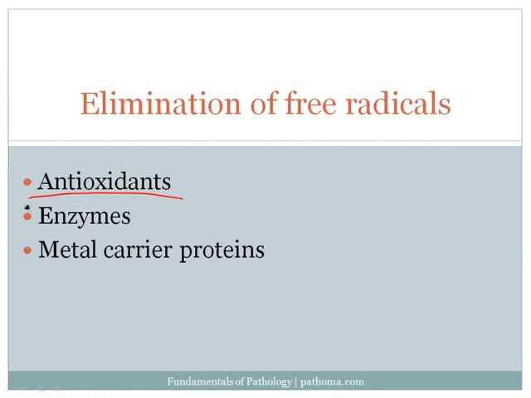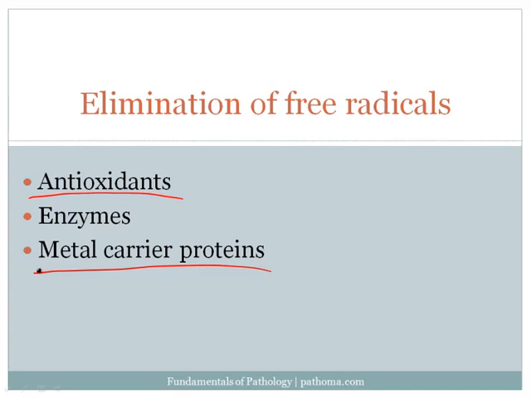Another important mechanism of elimination of free radicals, I'm going to skip here and go a little out of order, is metal carrier proteins. Metal carrier proteins are what I've already talked about. You know that copper and iron have the ability to create free radicals, iron in particular, by the Fenton reaction, and the generation of free radicals is a dangerous thing. And so the way by which the body handles that is to have metal carrier proteins.